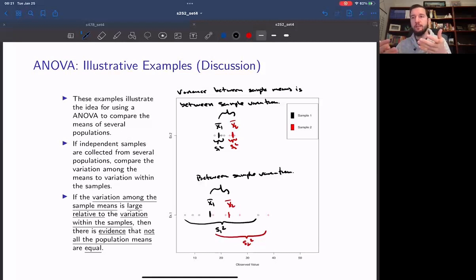When we extend to the completely randomized block design in lecture set 6, we're then going to see 4 different types of variation, but they're all very closely related to one another. Essentially, all you're doing is you're taking overall variation, which I'll define momentarily, and you're breaking it into different parts. And then you're comparing those different types of variation to compare population means.